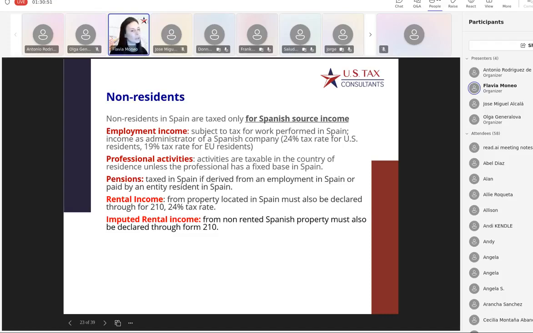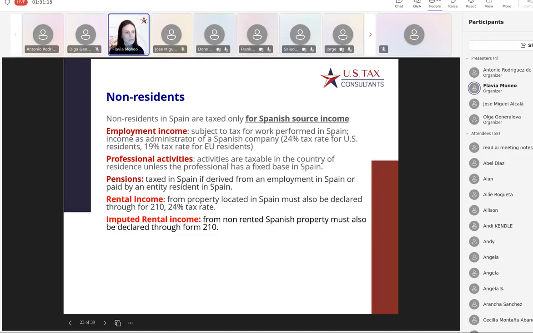The other option is that if you have the house at your disposal, for example empty, you also have to declare imputed rental income, which is calculated as 2% of the cadastral value of the house, and then you will pay again the 24%.